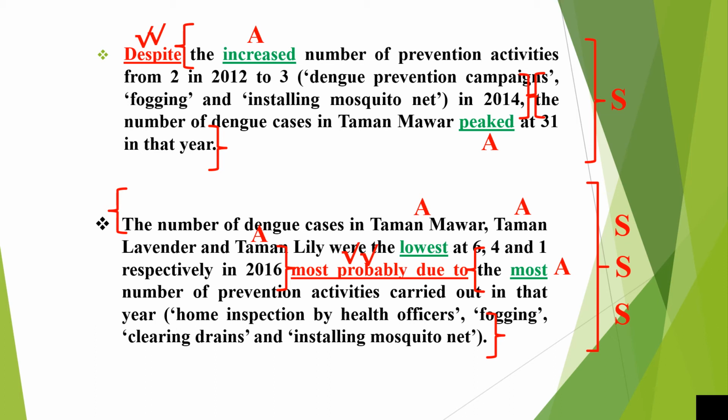Because the lowest dengue cases in Taman Mawar link to the most number of prevention activities. Similarly, the lowest dengue cases in Taman Lavender link to the most number of prevention activities. And the lowest at Taman Lily link to the most number of prevention activities has been logically linked. That's why there are 3 syntheses all together.